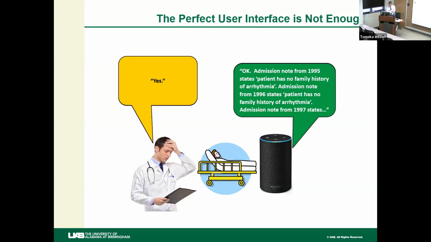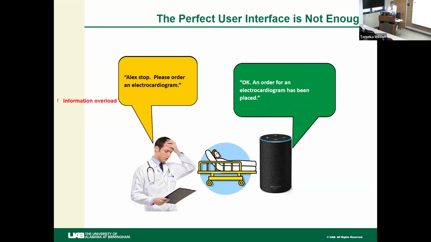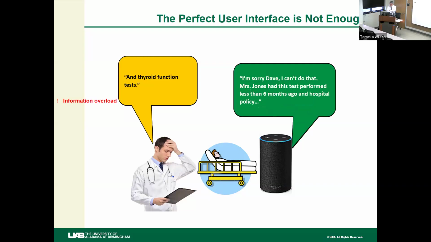Admission note from 1995 states patient has no family history of arrhythmias. Admission note from 1996 states patient has no family history. So it's information overload. Alexa, stop. Please order an electrocardiogram and thyroid function test. I'm sorry, Dave, I'm afraid I can't do that.